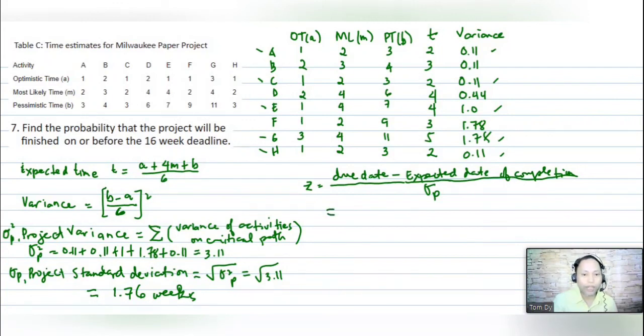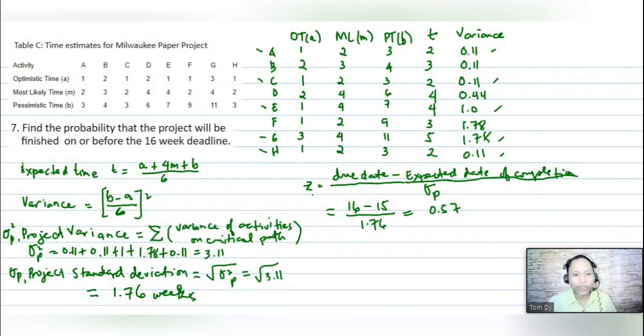Our due date is the 16-week deadline. So 16 minus our expected date, which we computed already as 15 weeks, divided by our project standard deviation of 1.76, is equivalent to 0.57. That is our Z.